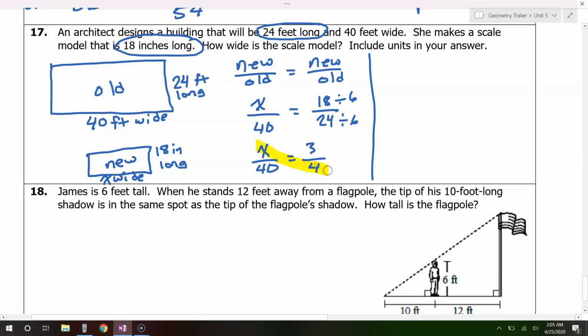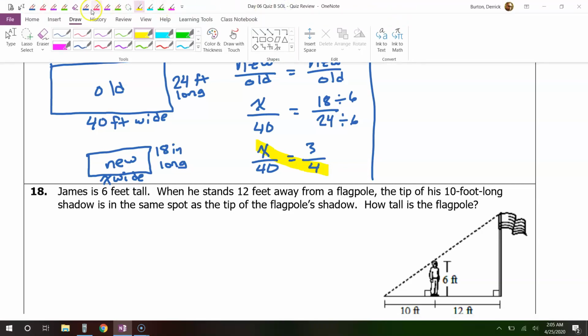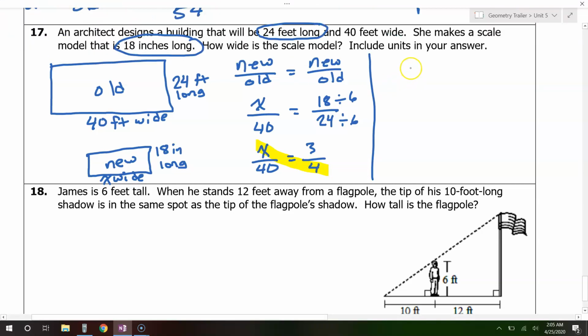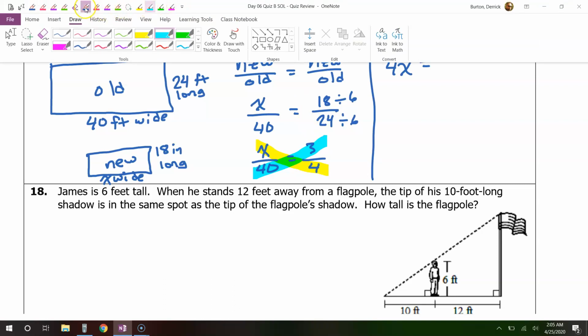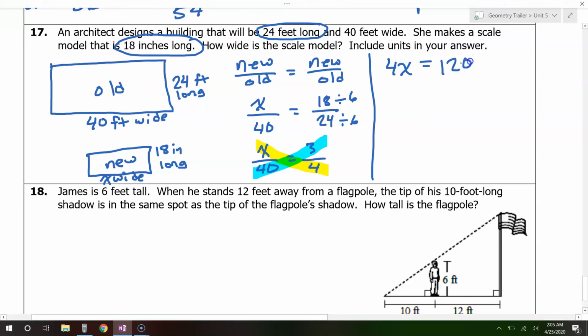If I multiply this diagonal, I get 4x, and if I multiply the other diagonal, I'm going to get 120. And if I divide both sides by 4, that's going to give me 30.